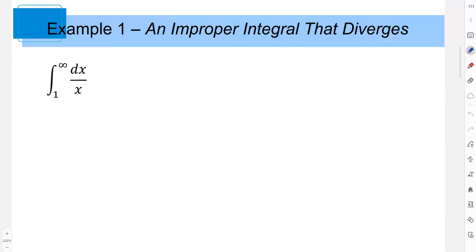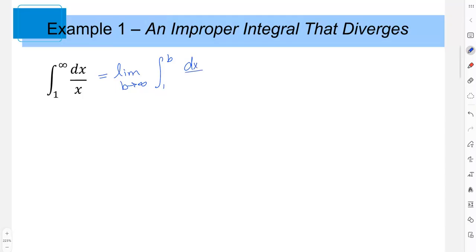Let's say we want to integrate the function dx over x from 1 to infinity. So we're going to rewrite this using limit notation. We're going to take the limit as b goes to infinity, and I'm going to rewrite this from 1 to b.